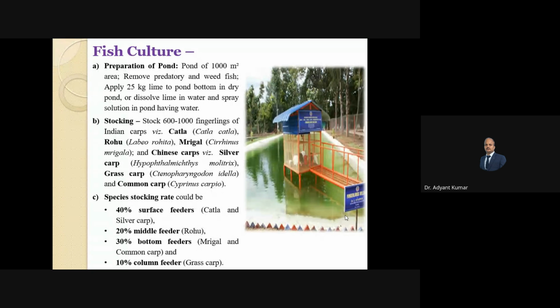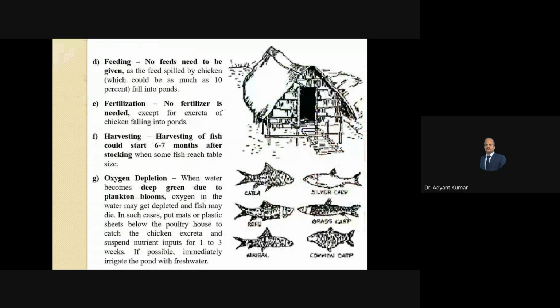Mostly, we are going with IMCs, that is Indian major carps, catla, rohu, mrigal, and various Chinese carps like silver carp, grass carp, or common carp. 6,600 to 1,000 fingerlings are required for 1,000 meters square area with a stocking rate of 40% surface feeders, which include catla as well as silver carp, 20% middle feeder, which includes rohu, 30% bottom feeder, which includes mrigal and common carp, and 10% column feeder, which includes grass carp.